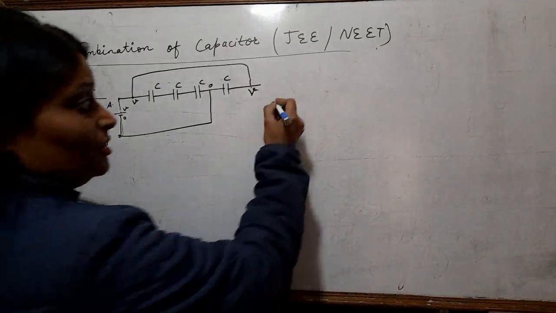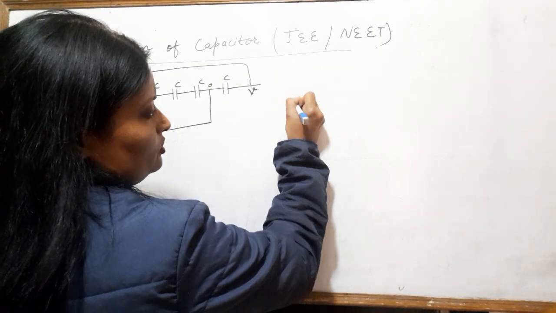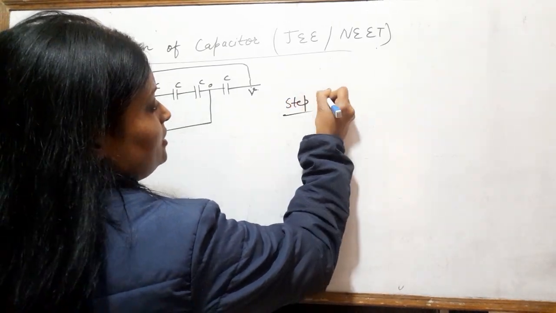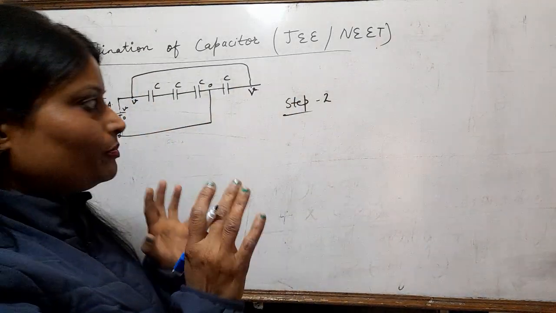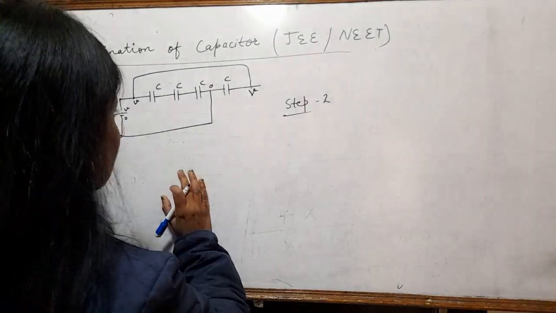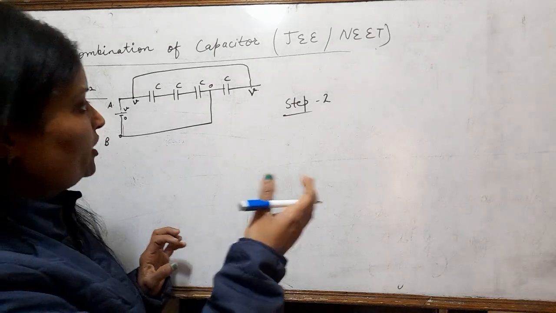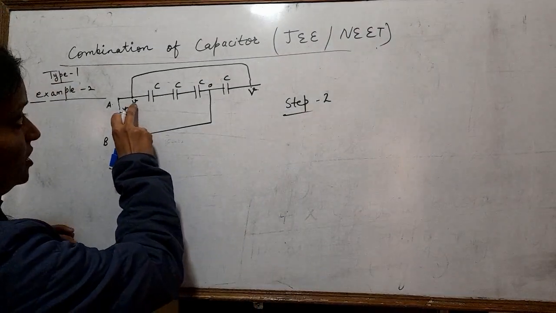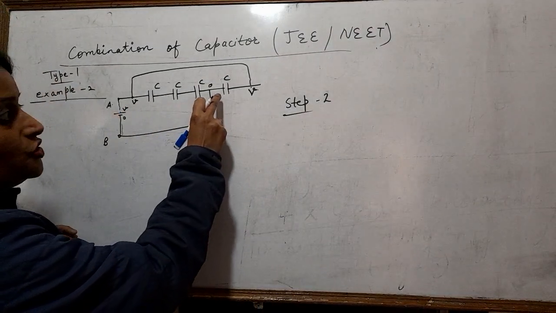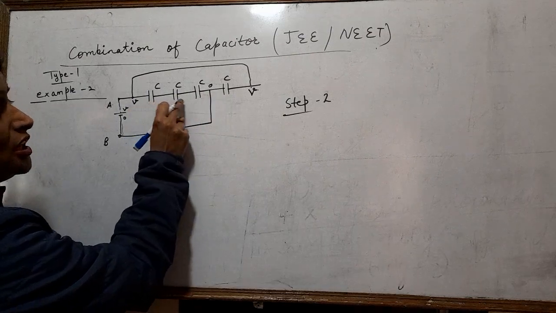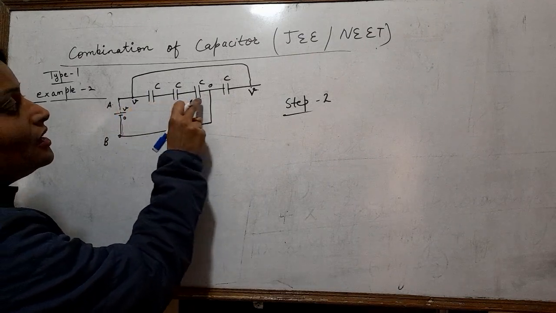So in step number 2, you have to draw the diagram to see whether these capacitors are in series or parallel. Okay, so this concept basically gives a more accurate result. You can see that between the V potential and zero potential, these 3 capacitors are in series.